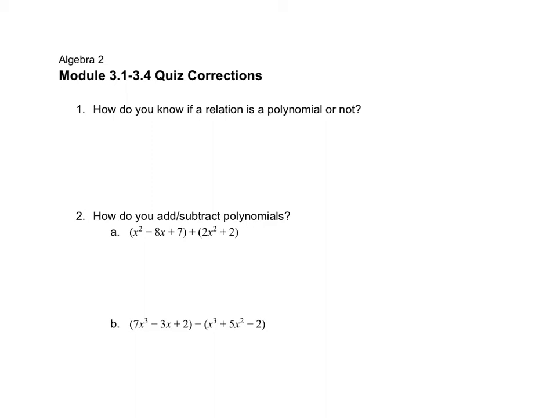So when you're determining whether or not a relation is a polynomial, you look at the variables, okay?